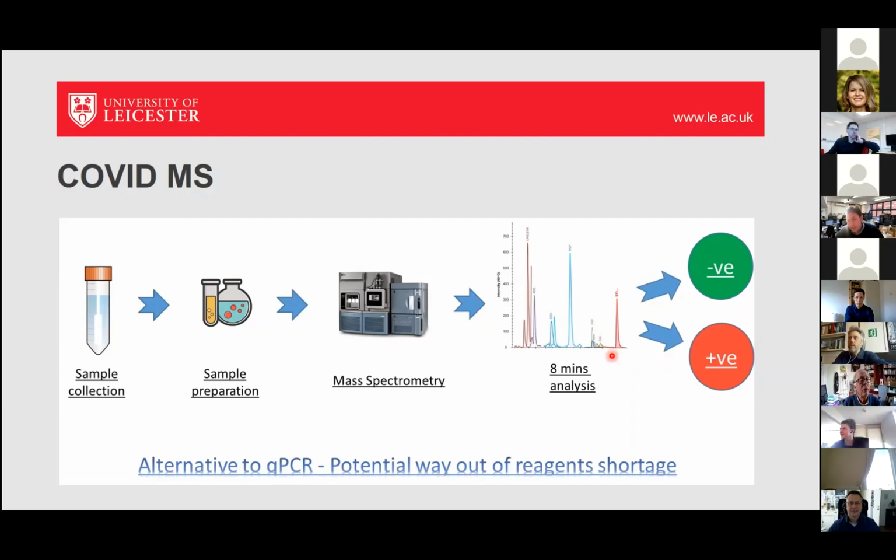And this would be an alternative to qPCR or RT-PCR. And there are many considerations here. Sample collection: this is a highly infectious disease, so it can't be prepared in a normal lab. Sample preparation would have to be quite simple.